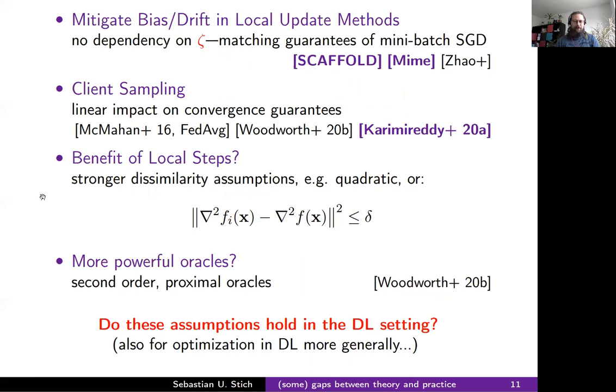There's been a bit of a theoretical avenue to really prove that these local update steps make any sense. Currently, the understanding is that if we make additional assumptions on the objective function, for instance, that the functions are quadratic or the Hessians of these functions are similar, then we can prove that local steps are indeed better compared to computing just a large mini-batch.